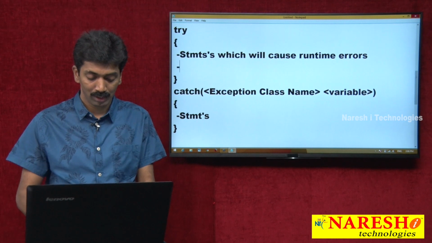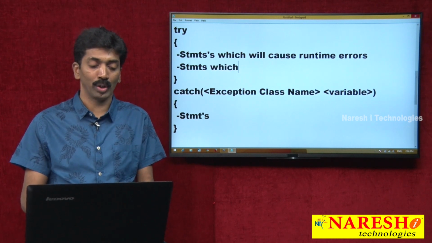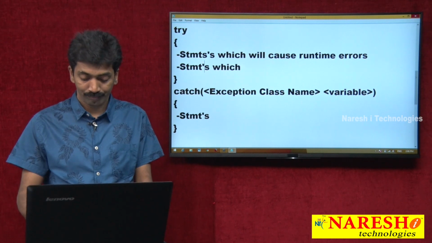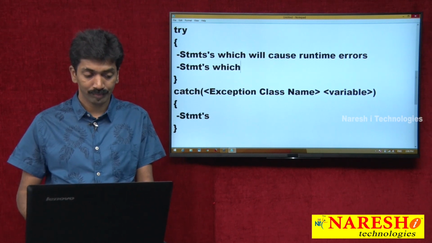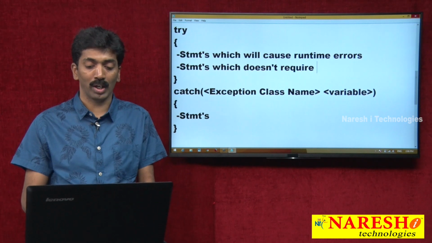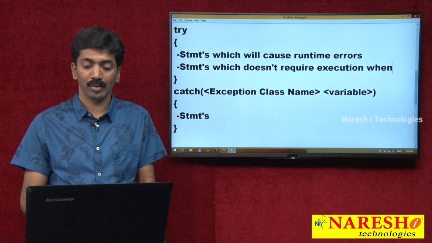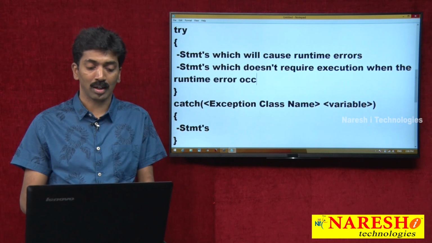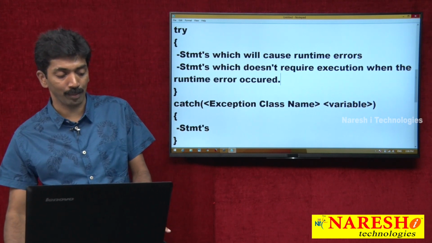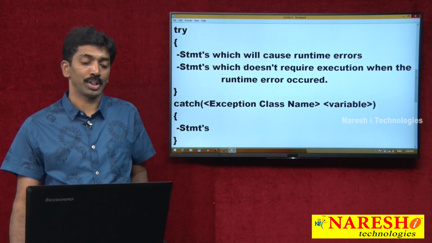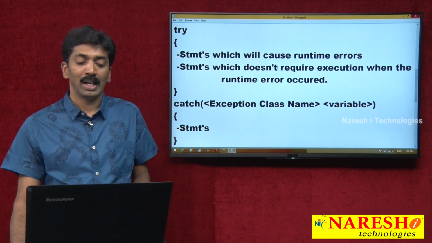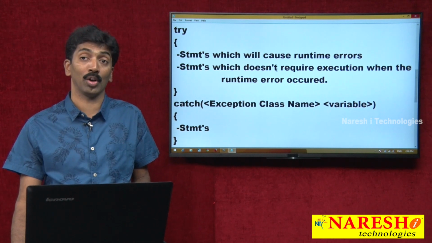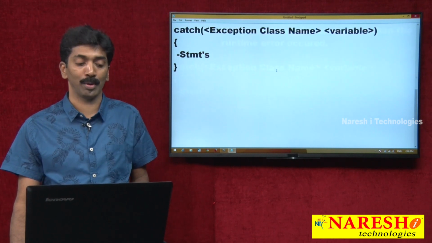Second, statements which don't require execution when the runtime error occurs should also be inside the try block. So the statements which will cause runtime error, and the statements which don't require execution when the runtime error occurs, should be in the try block.